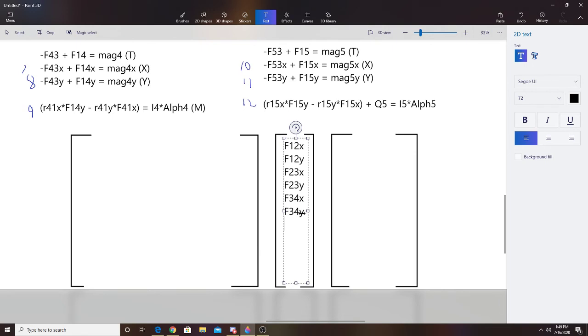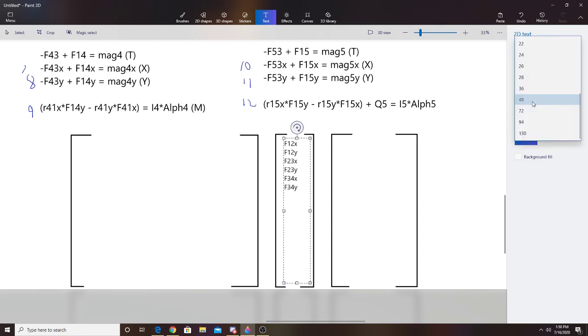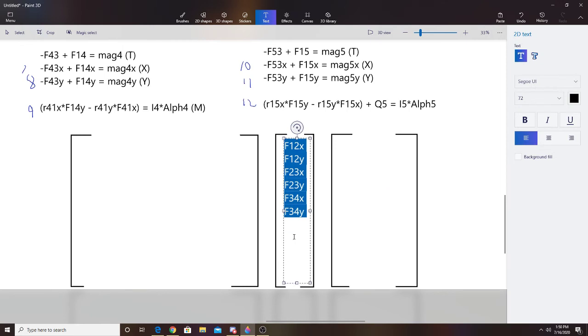I might have to make these smaller. Hopefully this will be good enough.